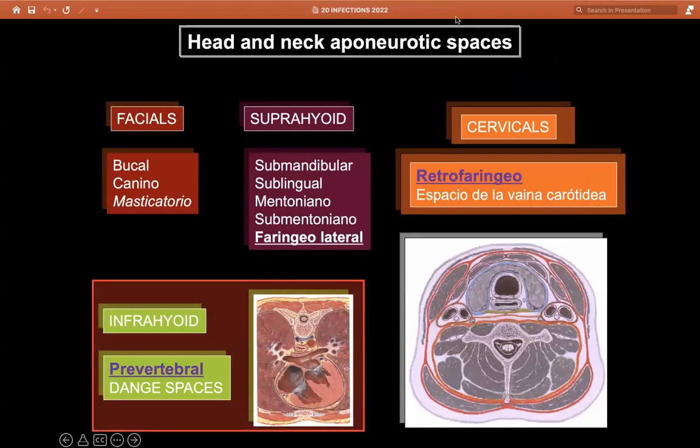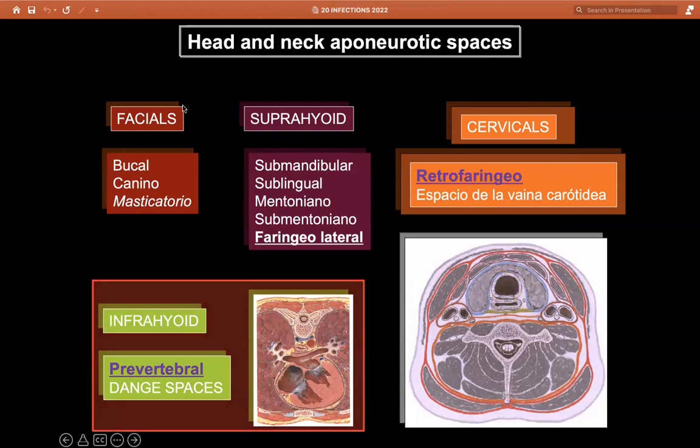Now we have some spaces that we need to remember. This hasn't been translated all of it, but it will help us understand. We have the area where the breathing comes from, the esophagus, the area of the breathing. And we have different spaces.